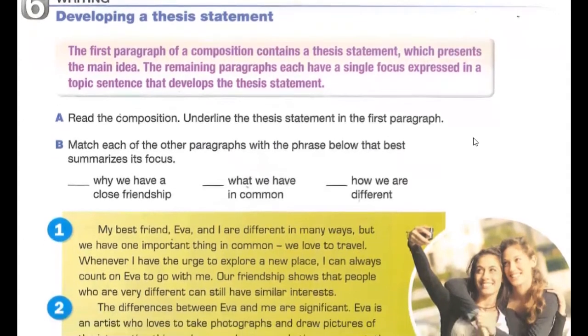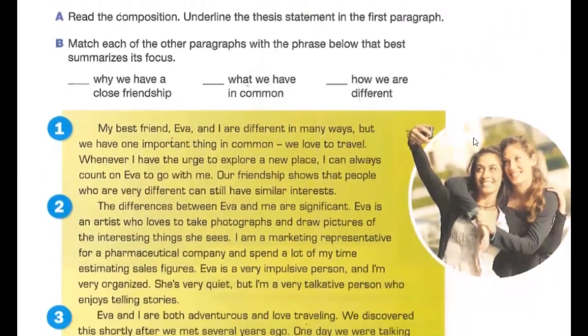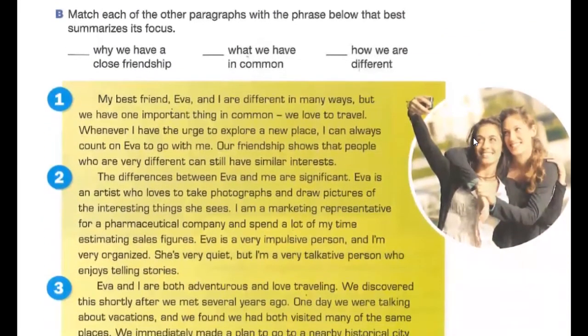Okay, so now let us try to discuss part B. Match each part of the paragraph with the phrase below that best summarizes its focus. Let us say number one, we call introduction. So the introduction contains a general statement and a thesis statement.